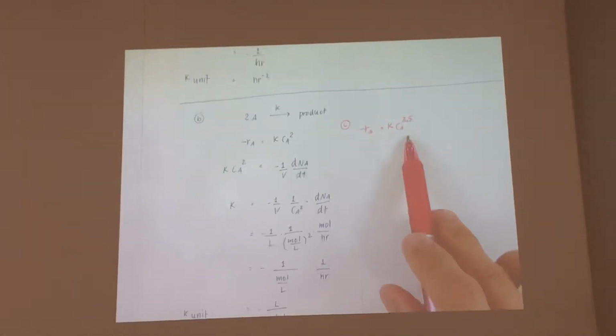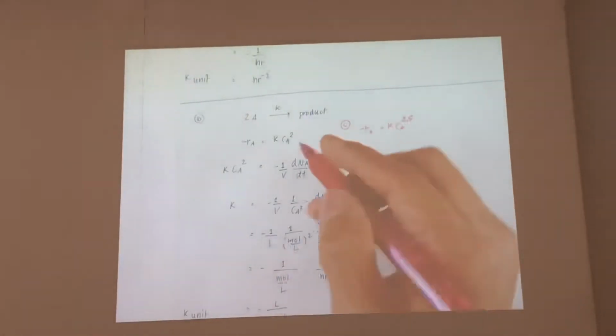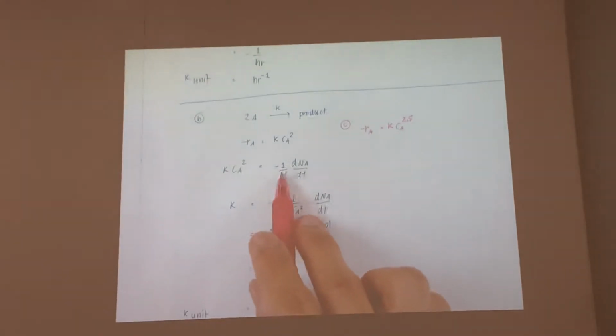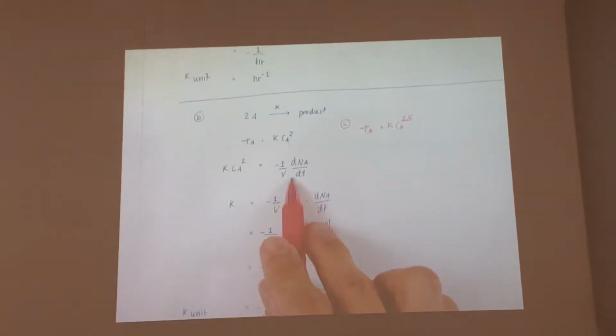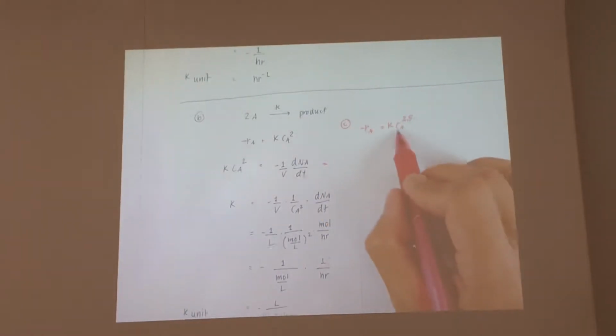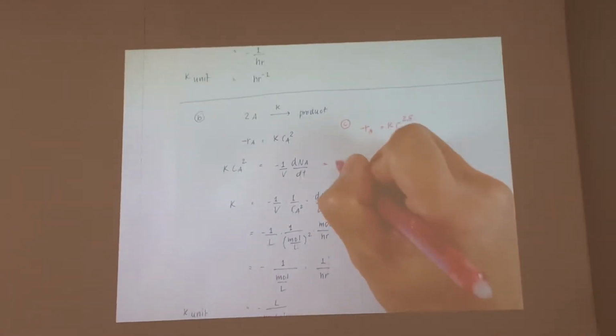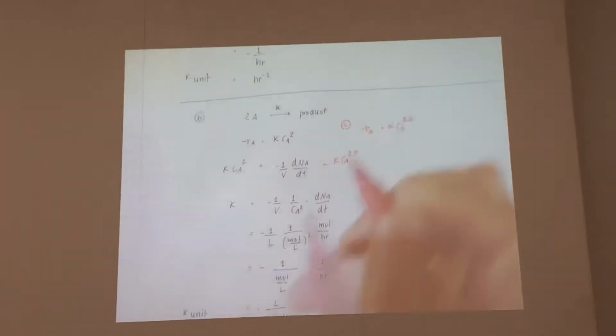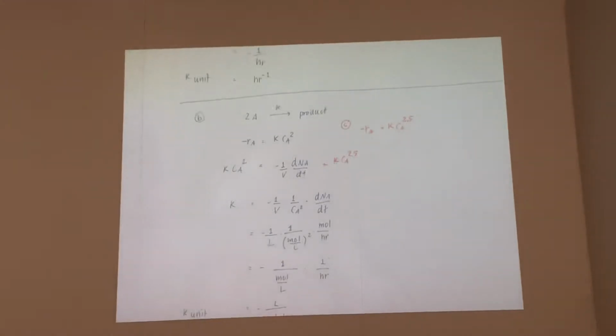So now can you see the link? Now you can link up this whole thing. This whole thing is basically consistent. We change it according to the order, but it still remains the same, consistent. So if the order is 2.5, this will be equal to K[A] to the power of 2.5.